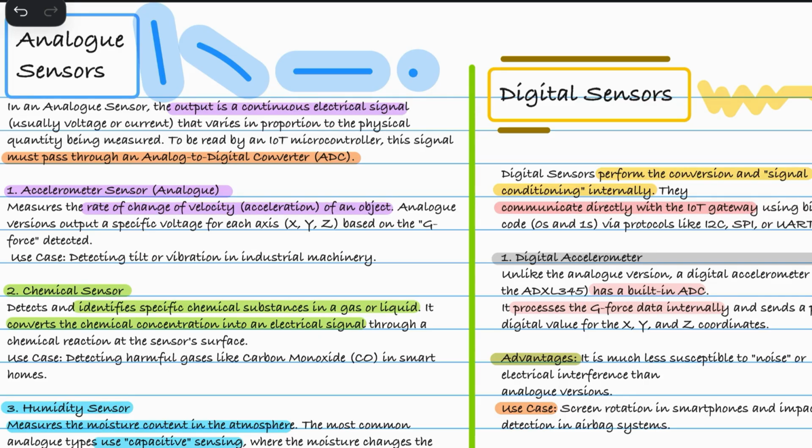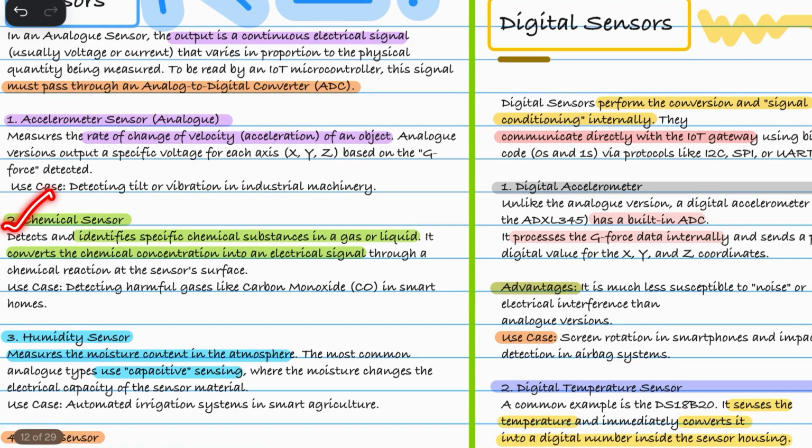Next kind of sensor we have is the chemical sensor. It identifies the specific chemical substance present in a gas or a liquid. It converts the chemical concentration into an electrical signal and then sends it further. For example, a carbon monoxide detector in a smart home kitchen triggers a ventilation fan whenever carbon monoxide is detected.